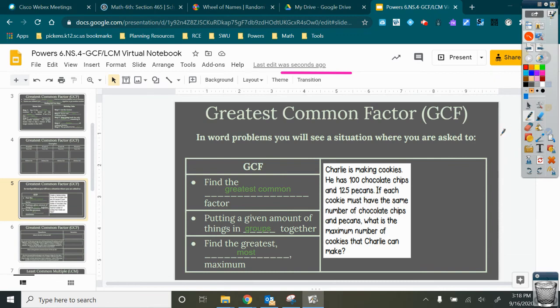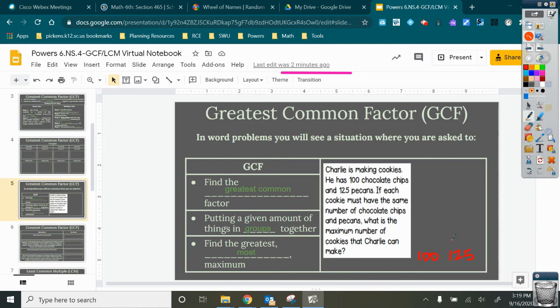So that means that we're going to take 100 and 125, and we are going to do the steps for greatest common factor. So you should pause the video here and either use factor list or birthday cake to find the greatest common factor of 100 and 125. Then turn your video back on and check your answer.